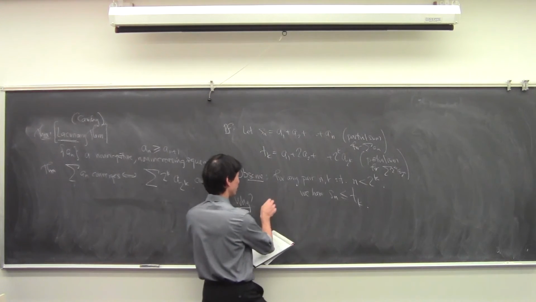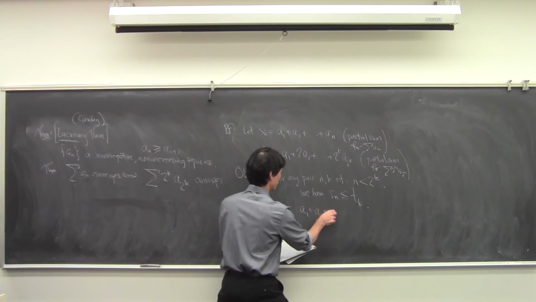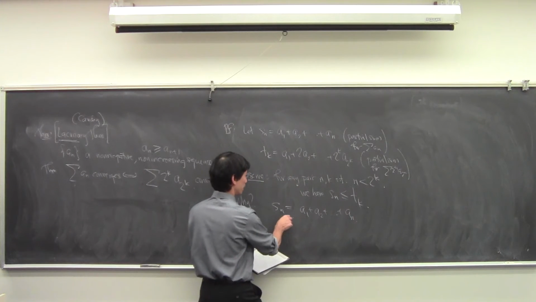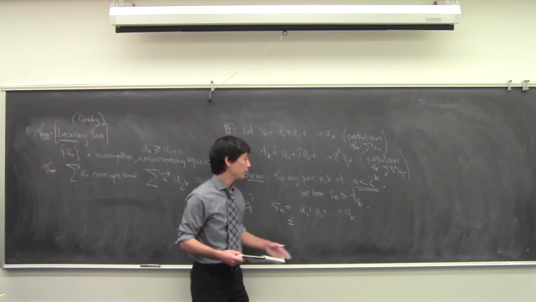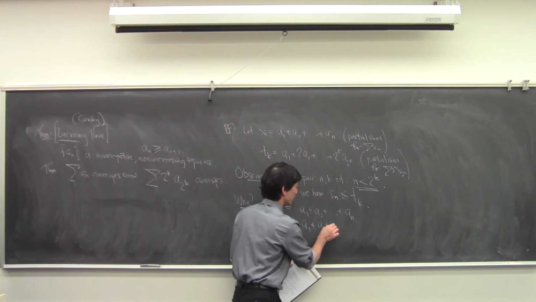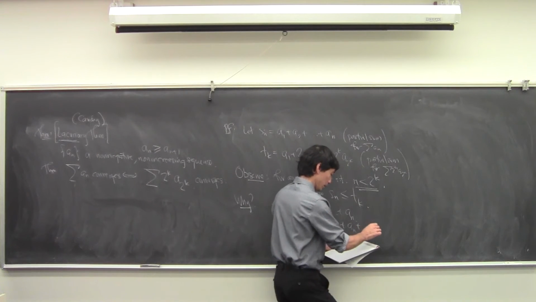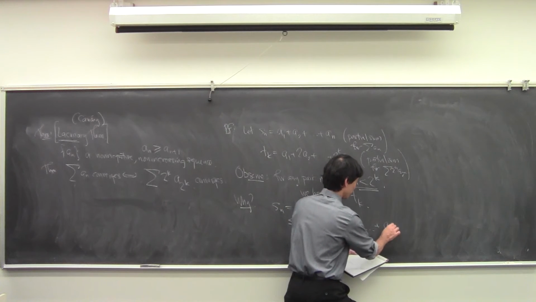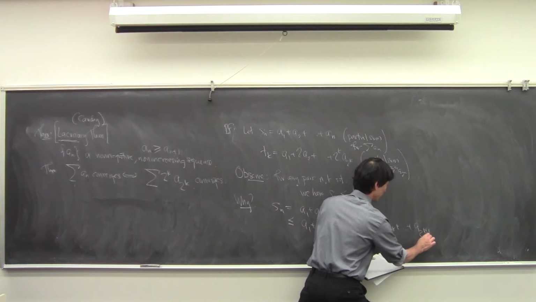Well, S of n is, of course, a1 plus a2 plus up to a sub n. Now, n being less than 2 to the k, I'm going to add on some more terms. A sub n plus up to a sub 2 to the k plus 1 minus 1.